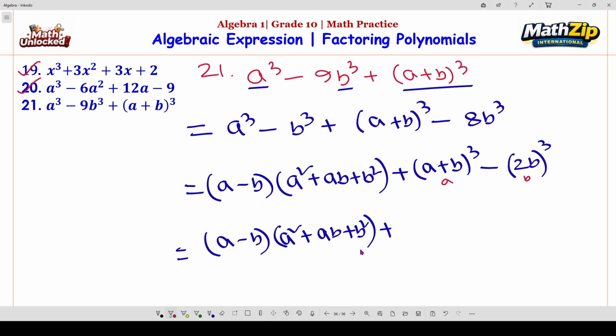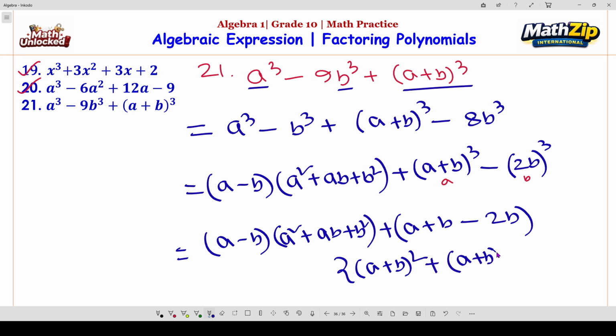So we can write a plus b minus 2b, and a square means a plus b whole square, then plus ab means a plus b times 2b, plus b square means 2b square, right?